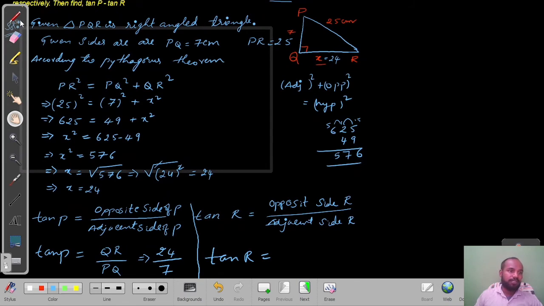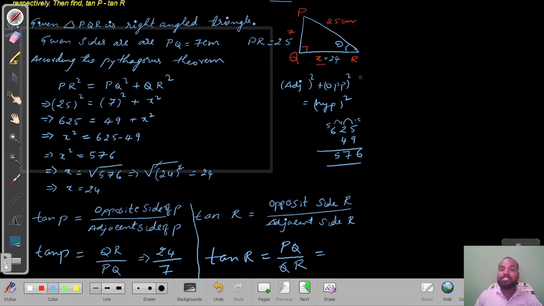So it is clear. Tan R is opposite side by adjacent side. What is opposite to R? This is opposite, so PQ. What is adjacent? QR.